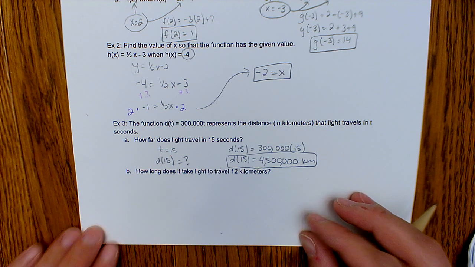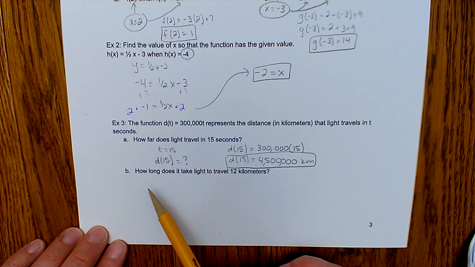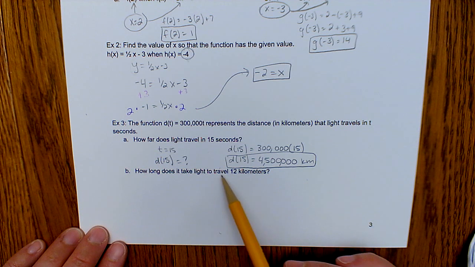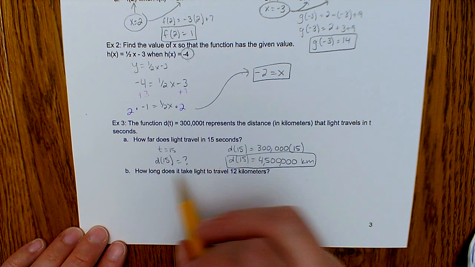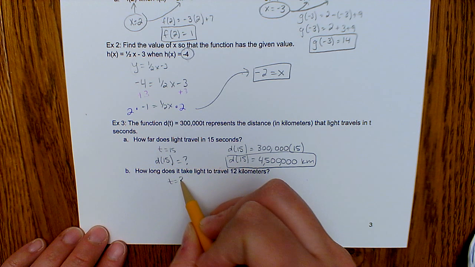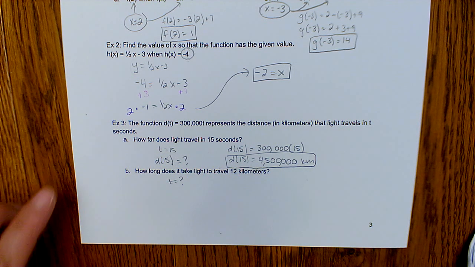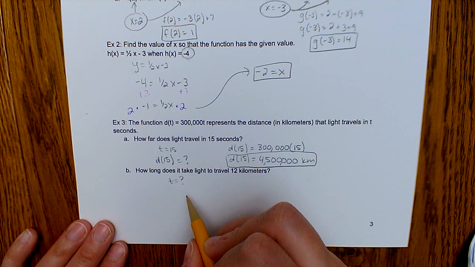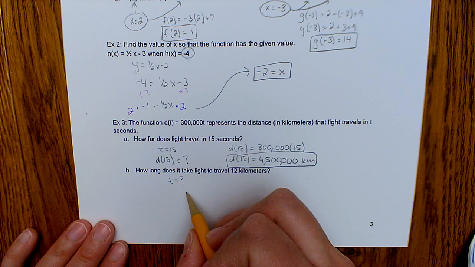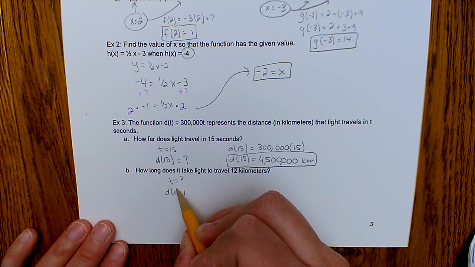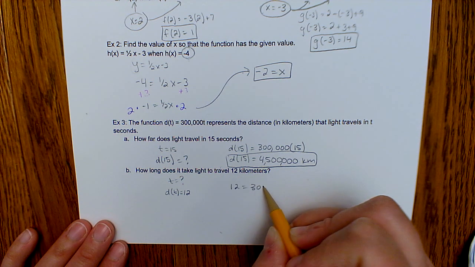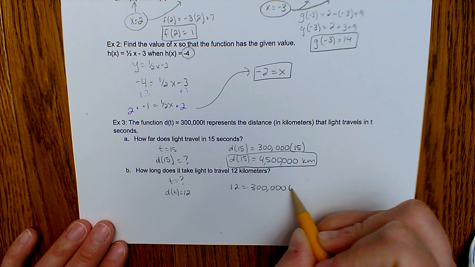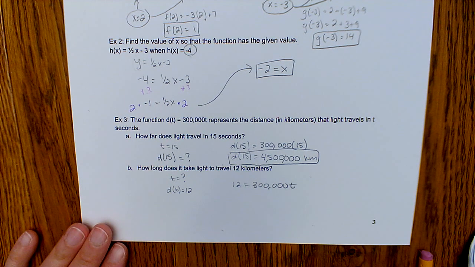Now for part B, I'm supposed to figure out how long it takes light to travel 12 kilometers. So I'm trying to figure out what t equals. This is like example 2. The distance is my d of t, and I know that's 12. So I have 12 equals 300,000 times t.